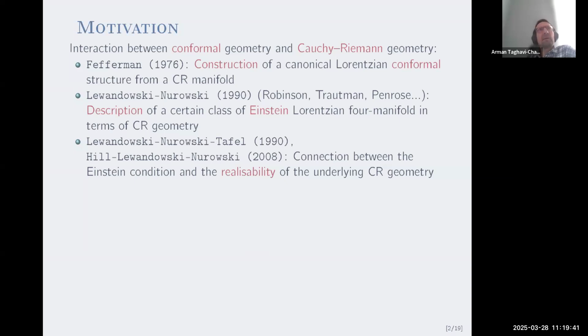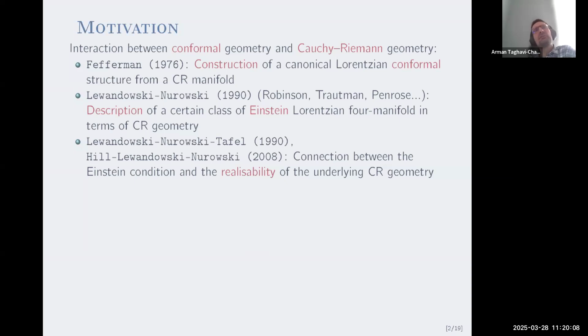But there was another aspect of this complex geometry or complex analysis lurking in these solutions. It took many years, maybe until 1976, I think, for it to be realized that what we're dealing with is CR geometry. So how does it work?